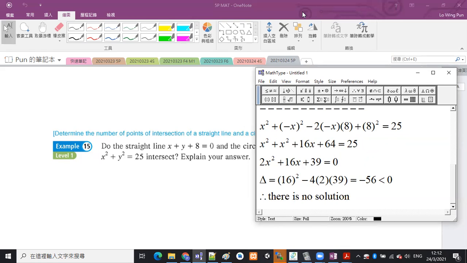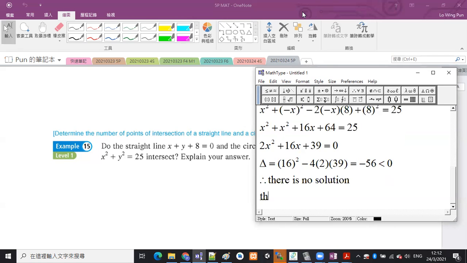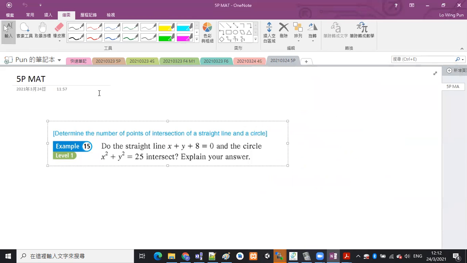If there is no solution, we just write down the conclusion, answering the question, that there is no intersection point, or no, they do not intersect. Okay? Therefore, they do not intersect. Or there is no intersection point.